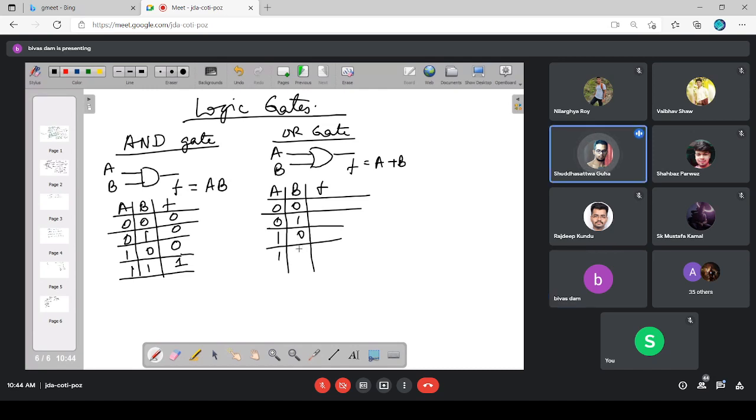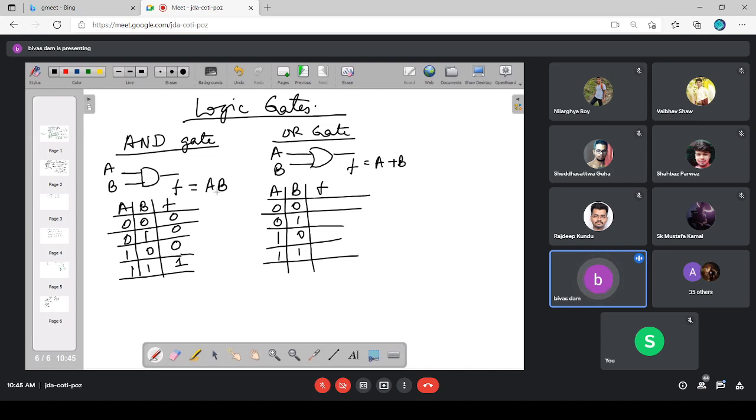So the sign will be dot? No, plus. A plus B. This is the OR gate. OR operation means the logical sum operation, and AND means logical product.